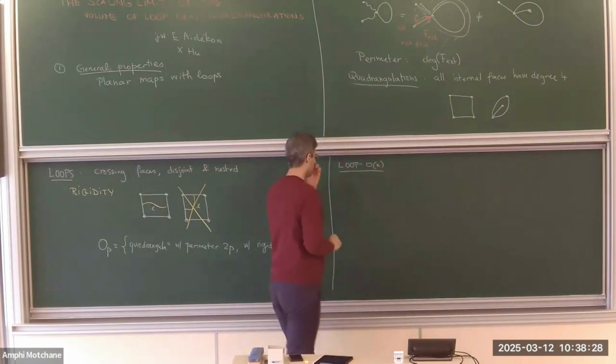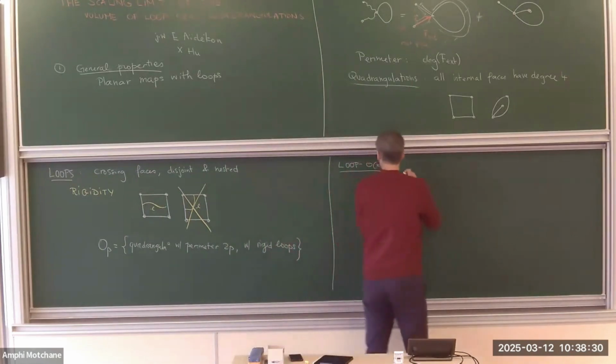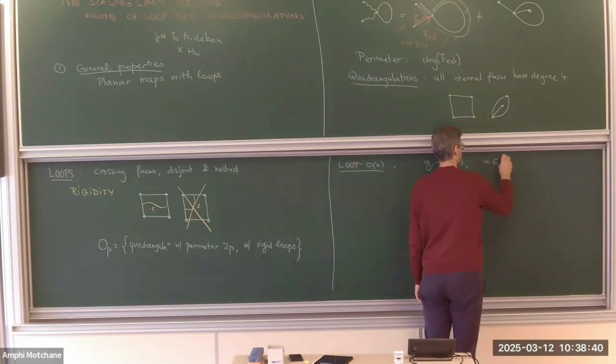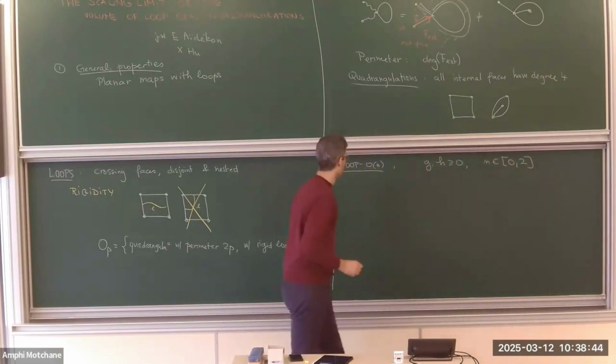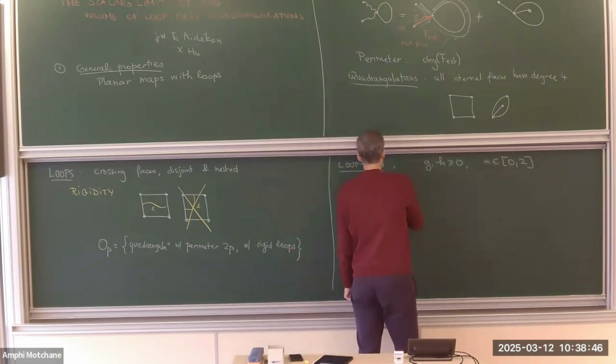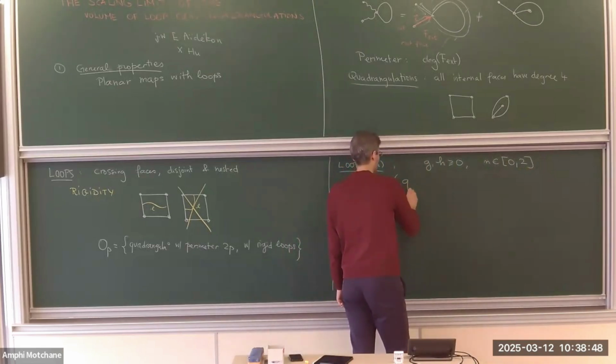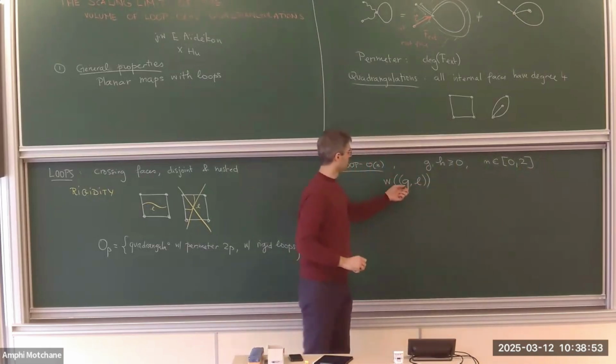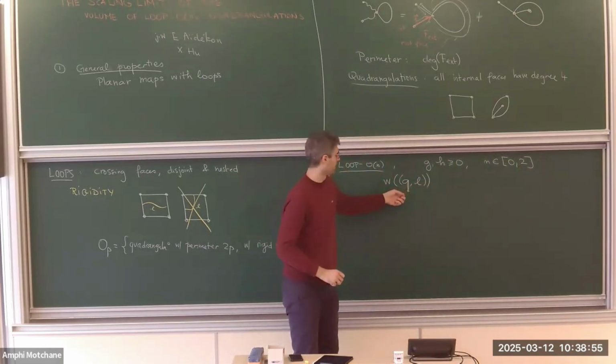So this is the loop O(n) model. And for this, I need 3 parameters. I have g and h, which are positive, and n, which is between 0 and 2. And I can define the weight of a loop-decorated quadrangulation.